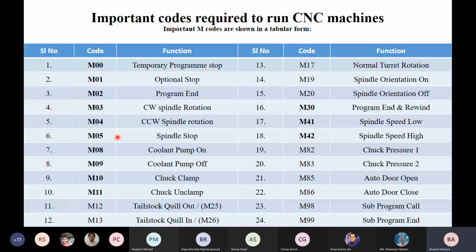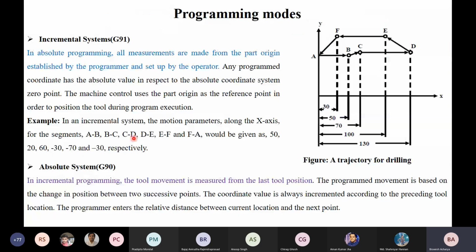now coming to some programming modes. There may be an incremental system or an absolute system. Okay, I think there is some mismatch in the slide. See, prior to machining, we must specify a coordinate system.